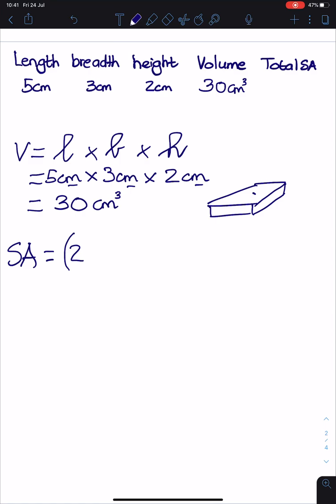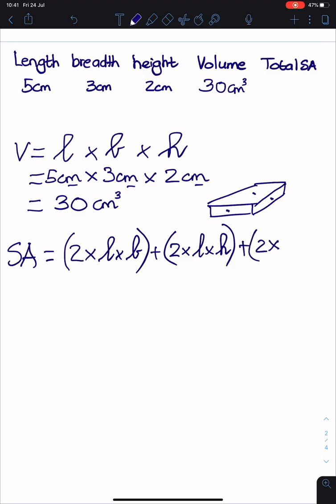So there are 2 of those, and they are length times breadth plus, let's look at these sides here. There are 2 of them, and they are length times height. And then let's look at these sides. There are 2 of them, and they are breadth times height.